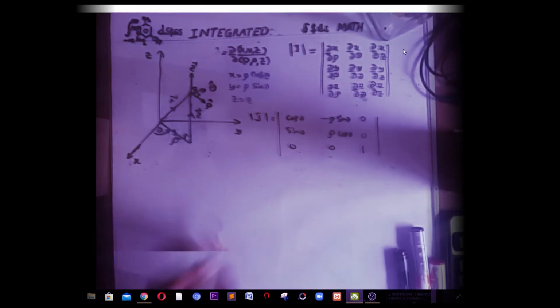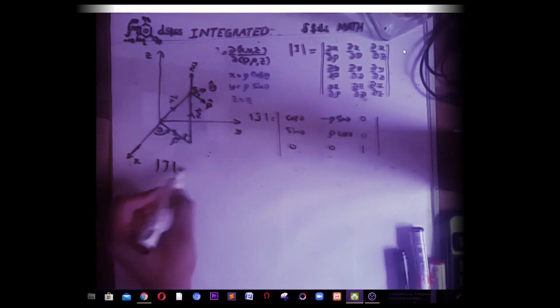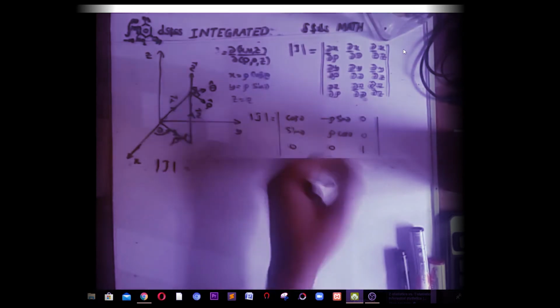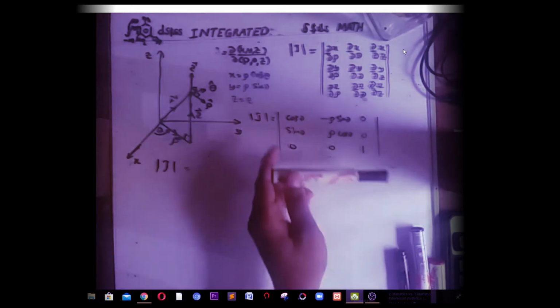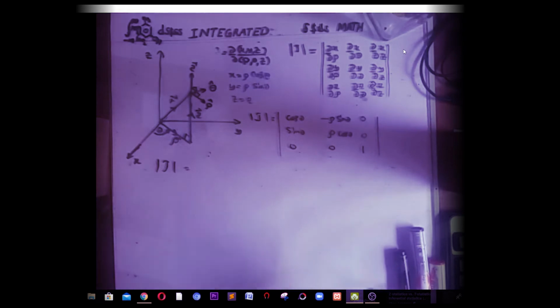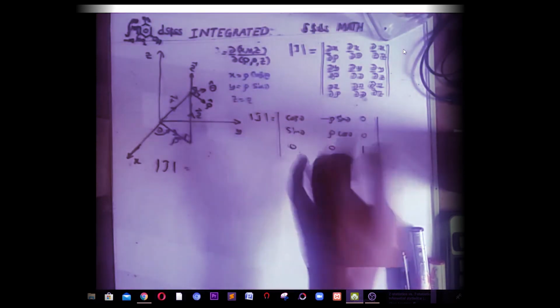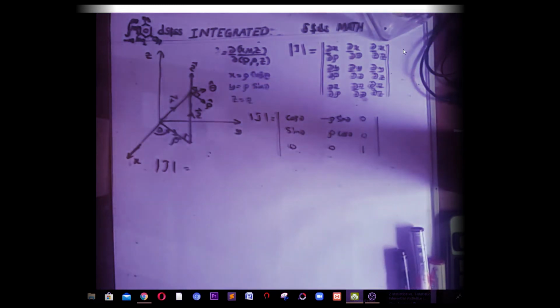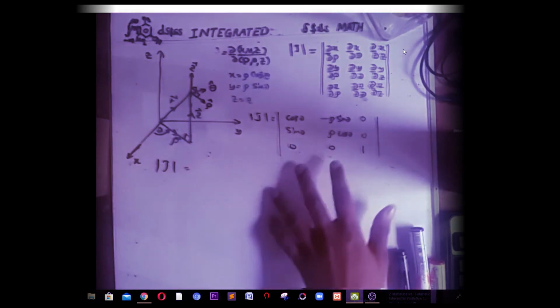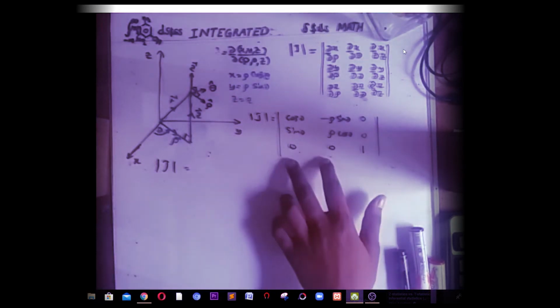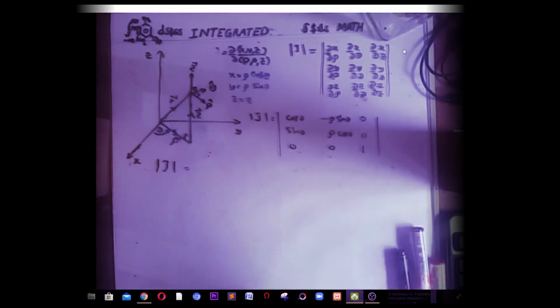The determinant of the Jacobian matrix: you are able to simply calculate the determinant of this matrix. This is called the Jacobian matrix, and you are able to apply the properties of the determinant of any matrix.